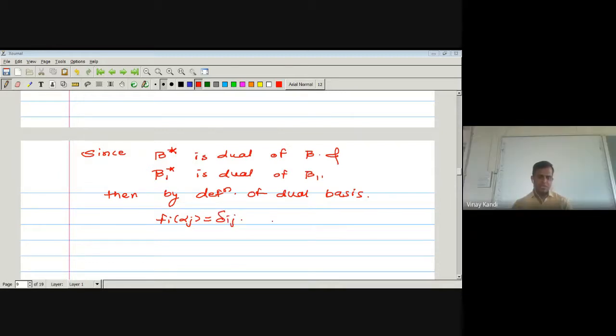Similarly, gk of beta l is equal to the Kronecker delta, delta kl.